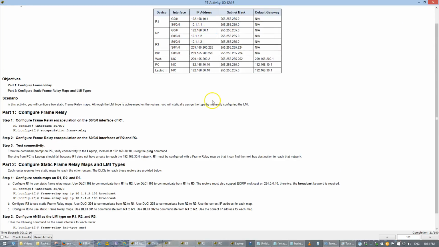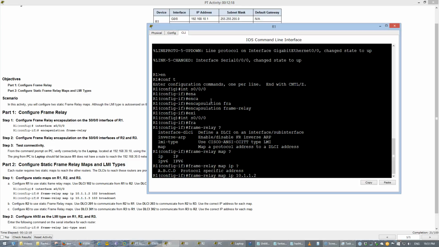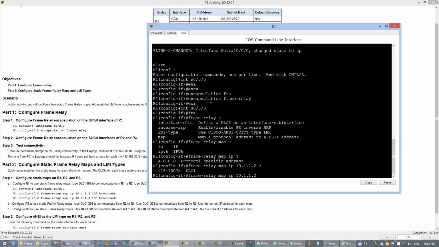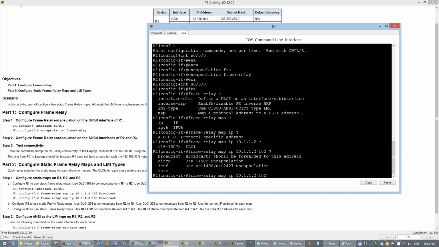So we're mapping router 1 to router 2. The DLCI is 16 to 1007. That's the range. 102. And then the broadcast keyword allows dynamic routing protocol updates such as EIGRP and OSPF.